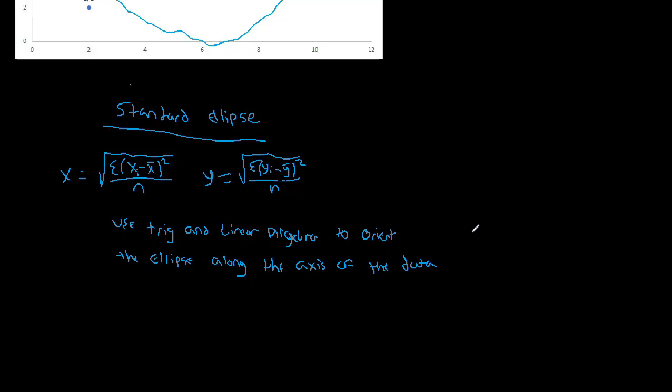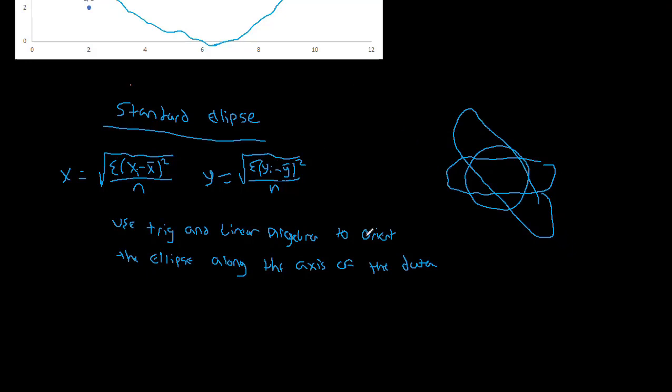So that we can go from having something that looks like a circle to something that looks like an ellipse, where the data has more variation in the x than the y, and then we can take it a step further and rotate that ellipse. Maybe it runs at a 45-degree angle like this.